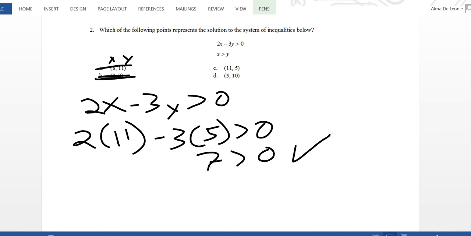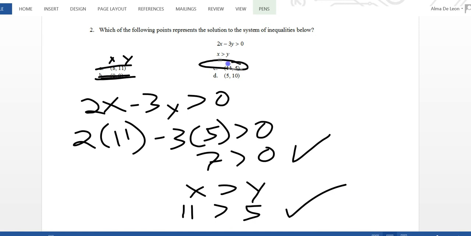Okay, so it works for the first inequality. Let's try it with the second inequality. x is greater than y. I'm going to plug in 11 for the x and 5 for the y. Is 11 bigger than 5? Yeah, it is. So C is our answer because it satisfies both inequalities.